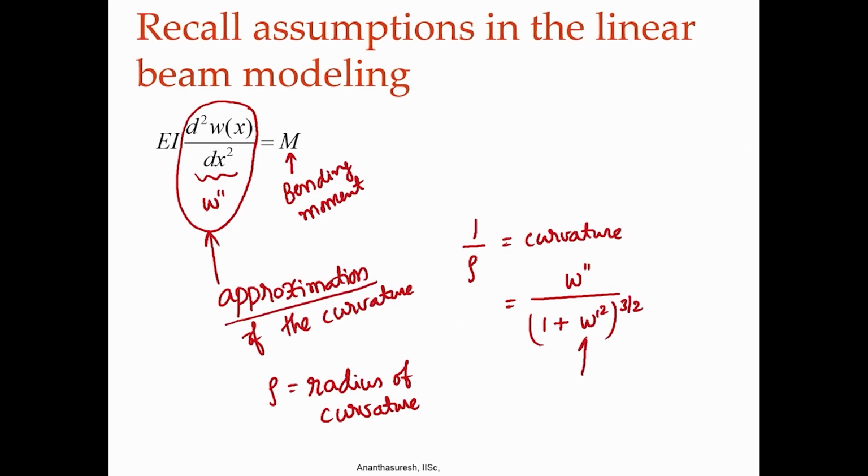Now, when we say it is an approximation, we are neglecting this W prime. For a small displacement, which will entail only small rotations, W prime, which is dW by dx, is small. When a beam deforms like this, if I draw a tangent, this will be the slope theta, that is W prime. When bending is limited, we can neglect this, then this approximation by W double prime is valid. That is one assumption we had made in linear beam theory.